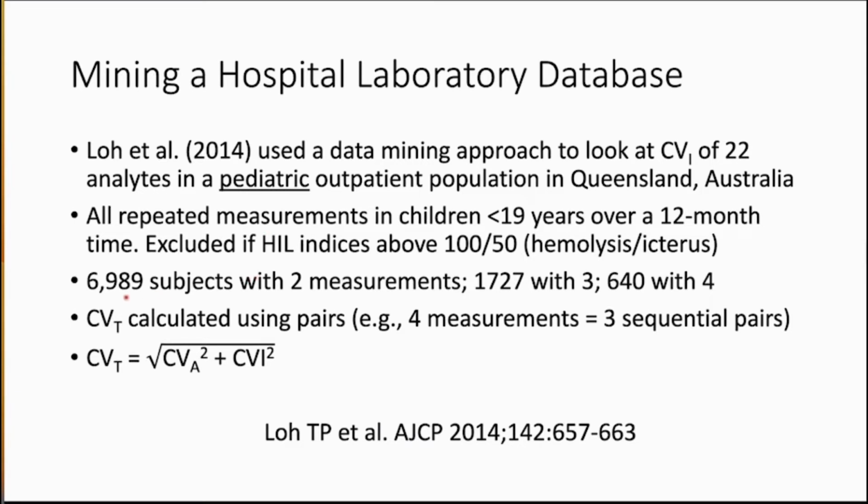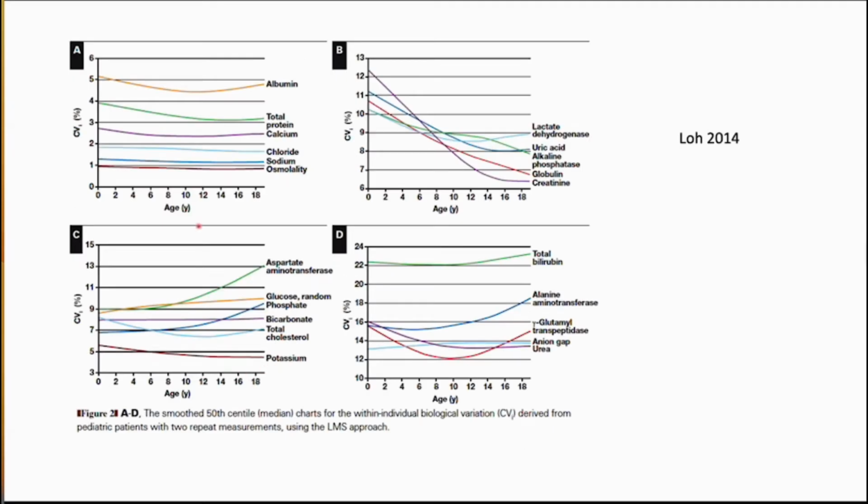They had almost 7,000 subjects who had at least 2 measurements, almost 2,000 who had 3 measurements, and 640 with 4 measurements. They again calculated the total CV, which we've seen this equation before. The total CV is a combination of the analytical CV plus the biological variation.